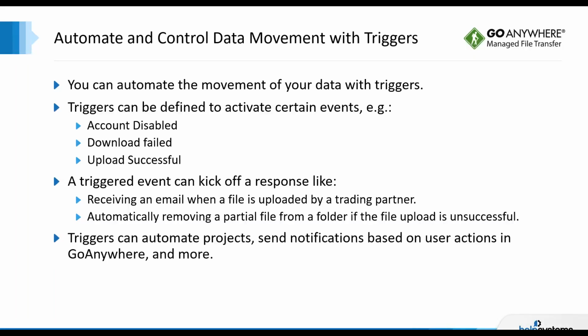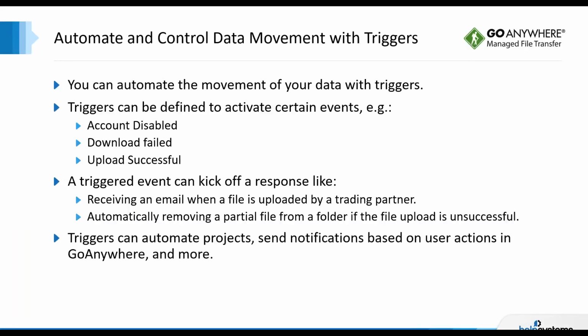That event could be pretty much anything we can trigger on. Maybe they disable their account. We can trigger on that particular event to alert your support group and tell them, hey, this company or this customer has disabled their account, and then you can be proactive in getting them corrected.